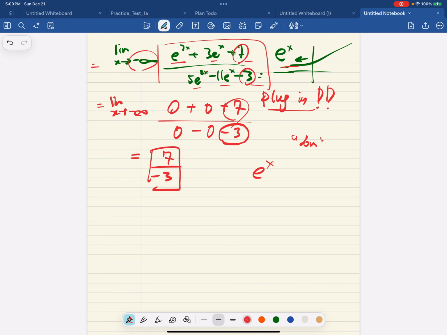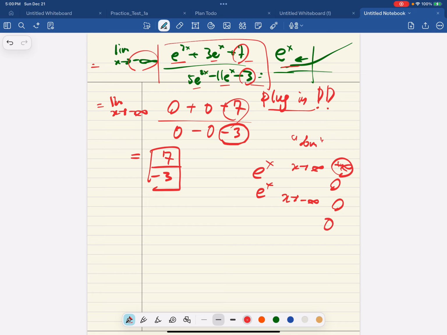So, recapping, e to the x, when x approaches positive infinity, will go to infinity, so dividing by a positive infinity will go down to 0. But e to the x, as x approaches negative infinity, will approach 0, so multiplying something by 0 will become 0.